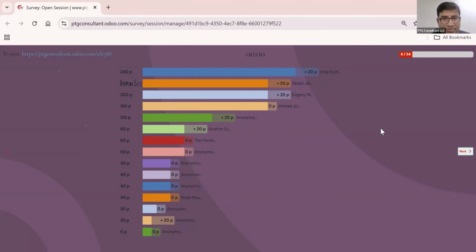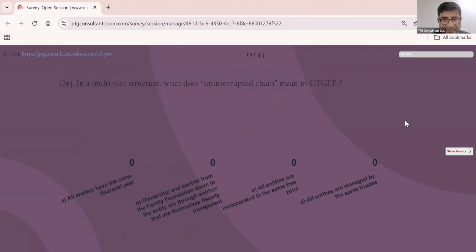Okay, now I hope we can move forward and the screen is there. Because most of the key areas we have already discussed, we now come to the uninterrupted chain. This is another key learning, the uninterrupted chain.